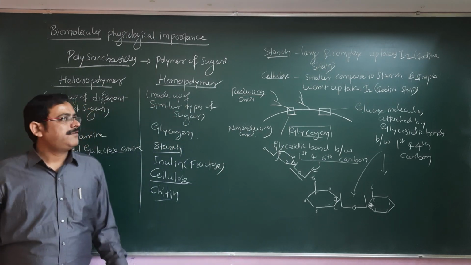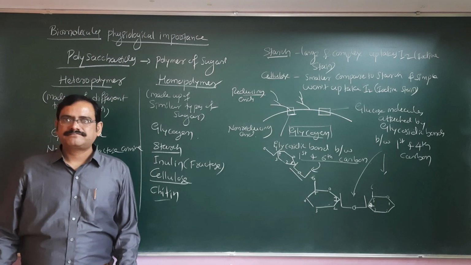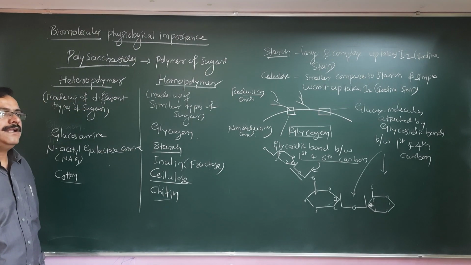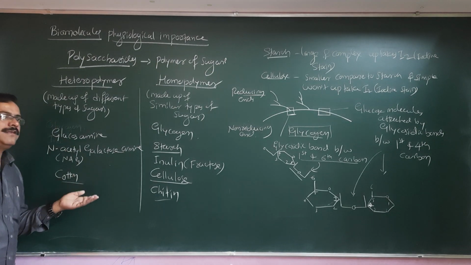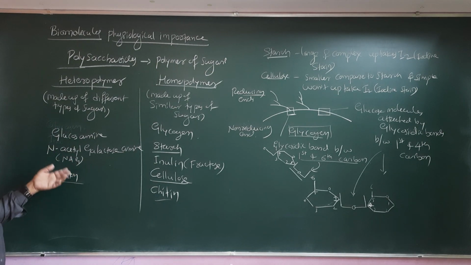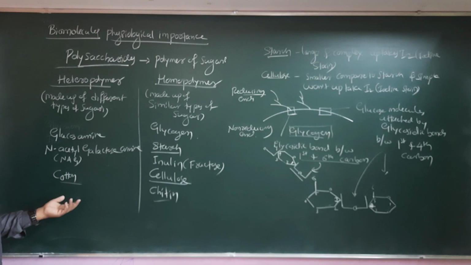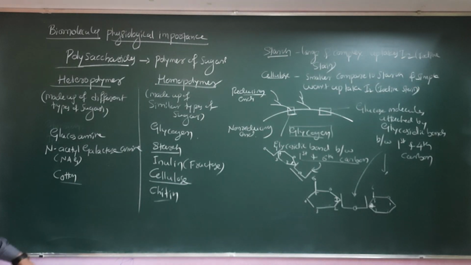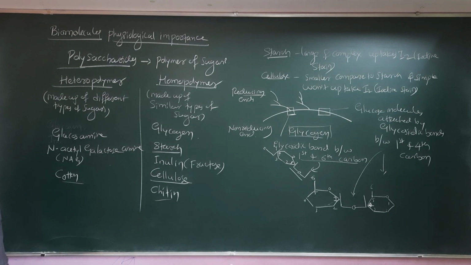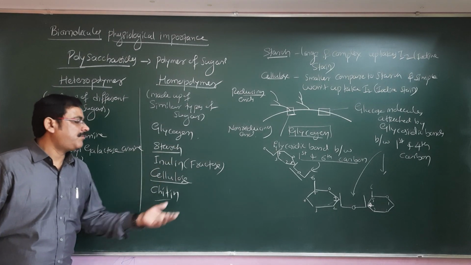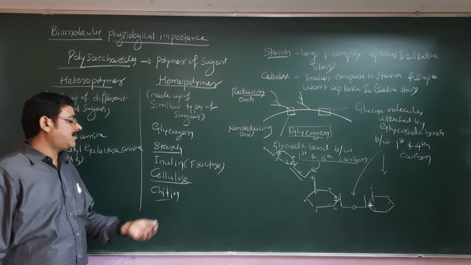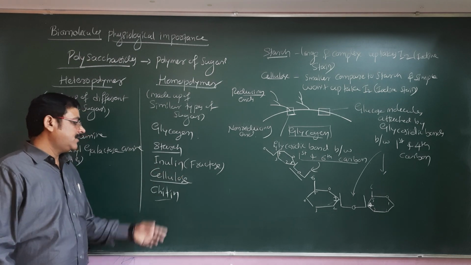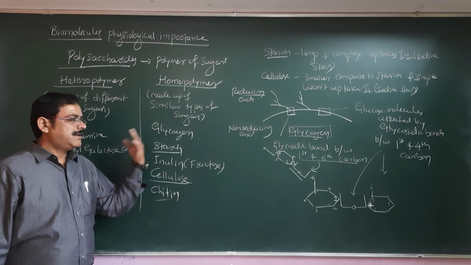So what we have studied here is basically all about the polysaccharides and their physiological importance: glucosamine, N-acetyl glucosamine, and chitin. Chitin is basically a polymer of different kinds of sugars. Glycogen is a polymer of sugar only, starch is a polymer of glucose, inulin is a polymer of fructose, and cellulose is mainly the cell wall.